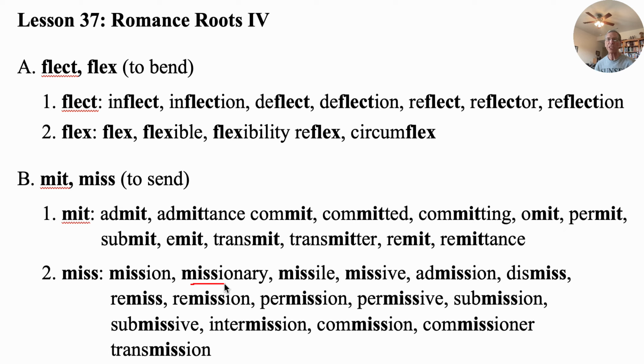Then we have a missionary, and a missionary can go out and teach people a message that he has. Then we have a missile. Now that's interesting, because a missile, you get the idea of sending something up. A missive is basically a message that you send to people, and sometimes it'll be something humorous. They sent a missive, it's been a letter.